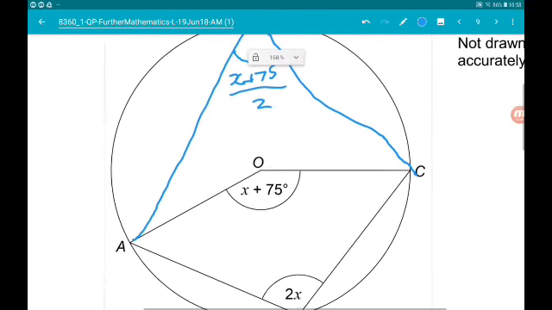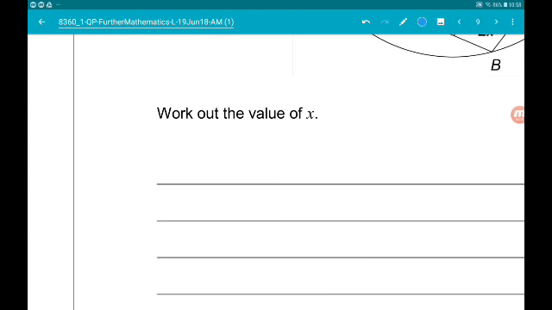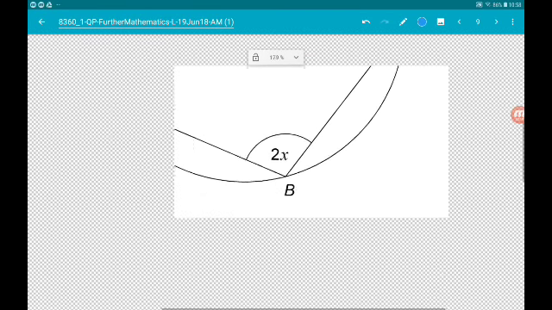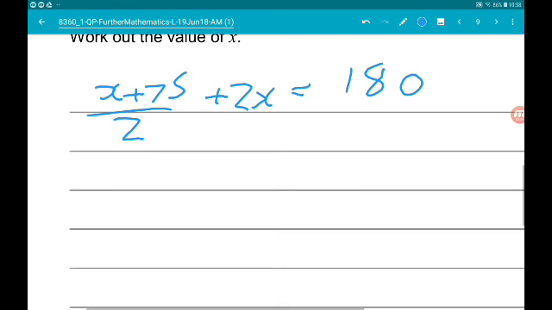So we know that x plus 75 over 2, add the opposite angle, so this guy down here, 2x, is equal to 180. So now we need to solve this for x.